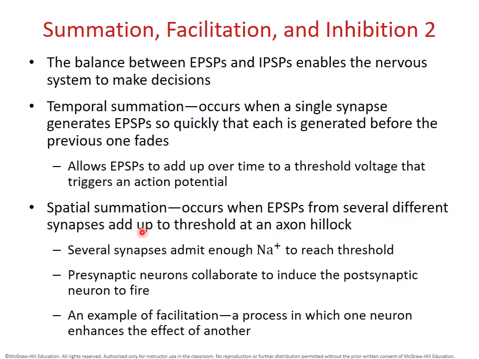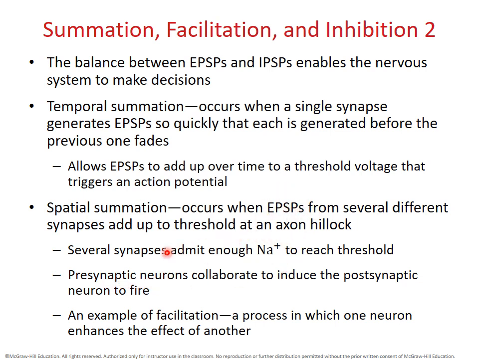So in other words, the postsynaptic cell is receiving EPSPs from multiple synapses, sometimes hundreds, potentially thousands of synapses all at the same time. And so you're going to get a flood of sodium into that postsynaptic cell because of the sheer number of synapses that are occurring simultaneously in the case of excitatory postsynaptic potentials.